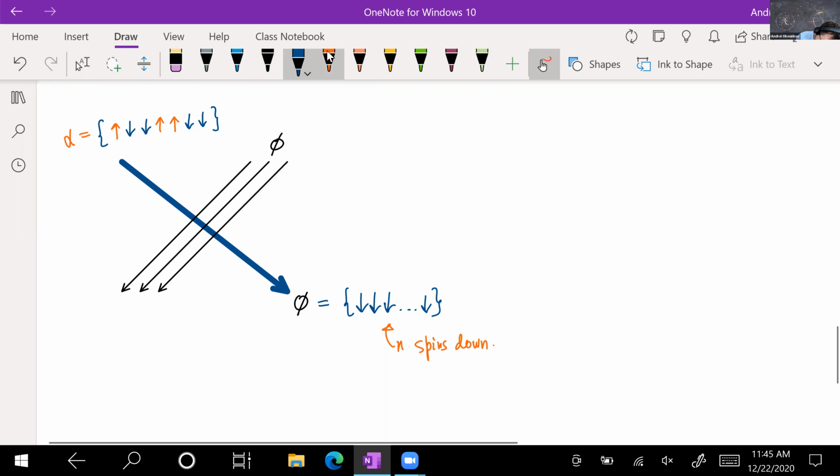So there's k spins up out of n. So then here we have k spins down.